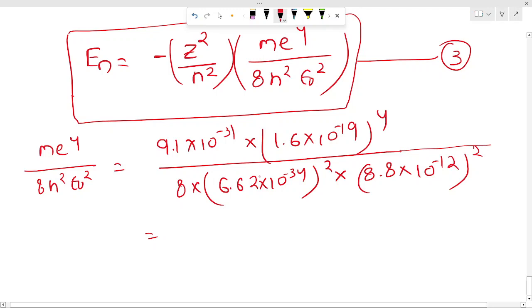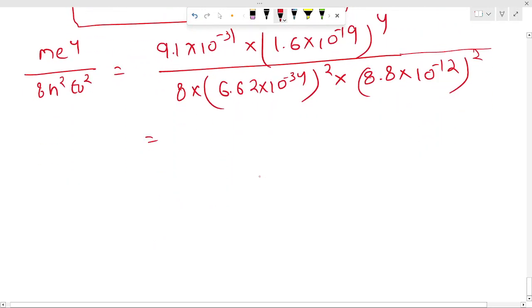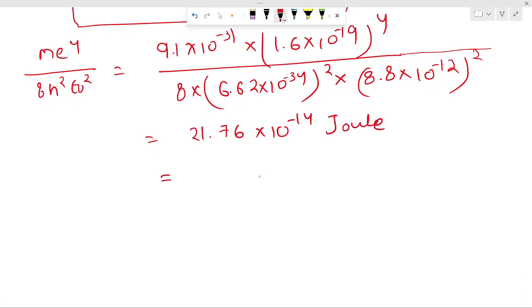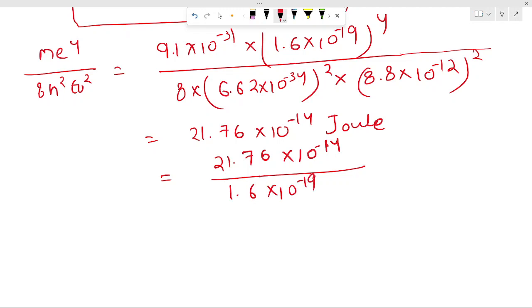We get the value, that is 21.76 into 10 to the power minus 14 joule. Let us convert it into electron volt, that is 21.76 into 10 to the power minus 14 upon 1.6 into 10 to the power minus 19 coulomb, that is the charge of an electron. So it will become 13.6 electron volt. From calculation you can get this value, that is 13.6 electron volt.